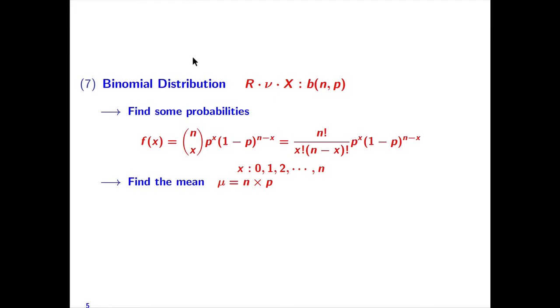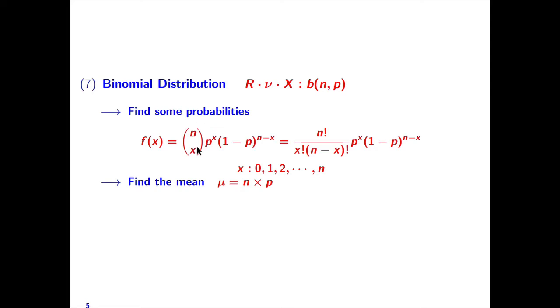Number 7, binomial distribution. So we have this random variable x follows the binomial distribution with n and p. To find the probabilities, we need to use this equation. So f of x equals this combination, n objects, you take x of them, and p to the x times 1 minus p to the n minus x.